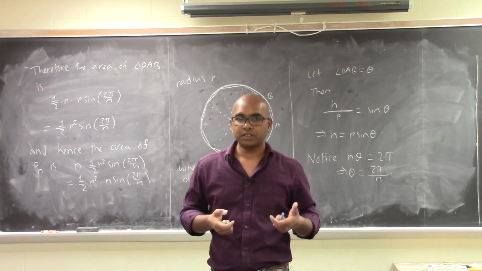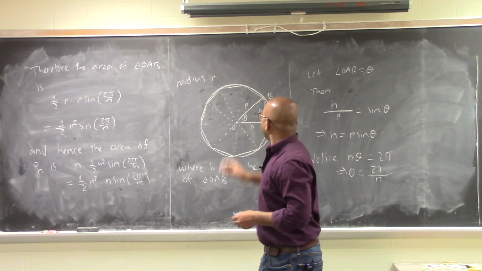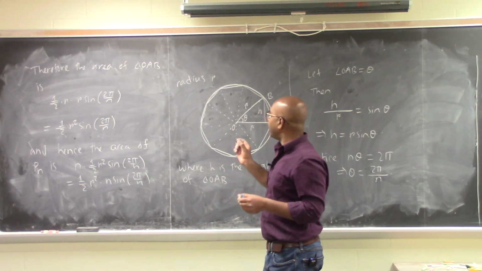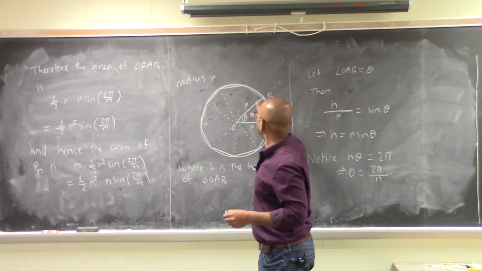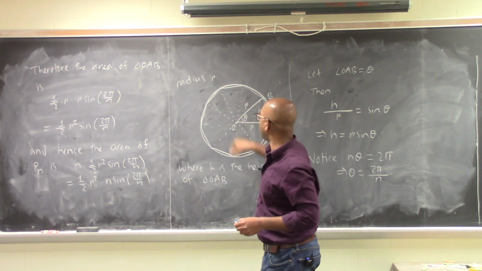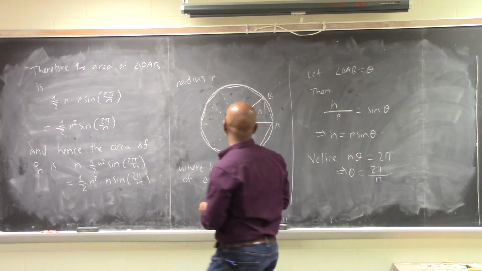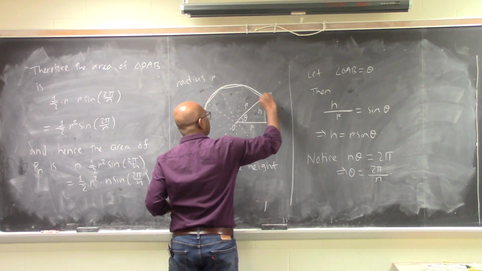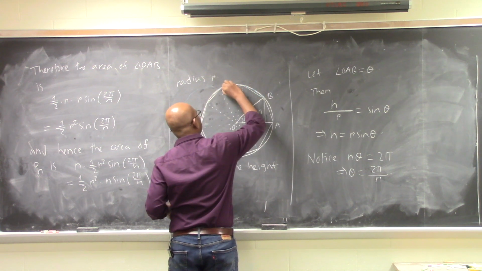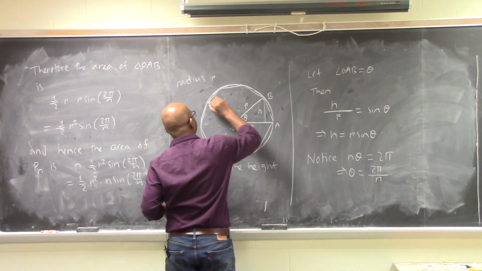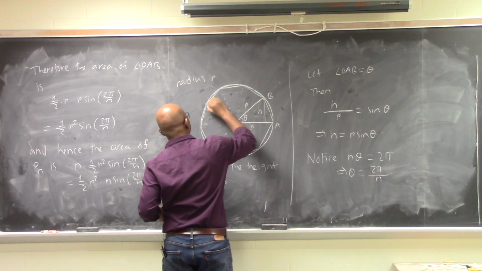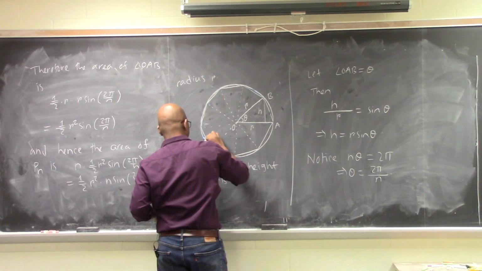And then what did Archimedes say? Increase the number of sides, right? So increase n. n is the number of sides. If now I have 9 sides, what I need to do is increase this. Let's say I double this, so this will be 18. It's really hard to draw now.